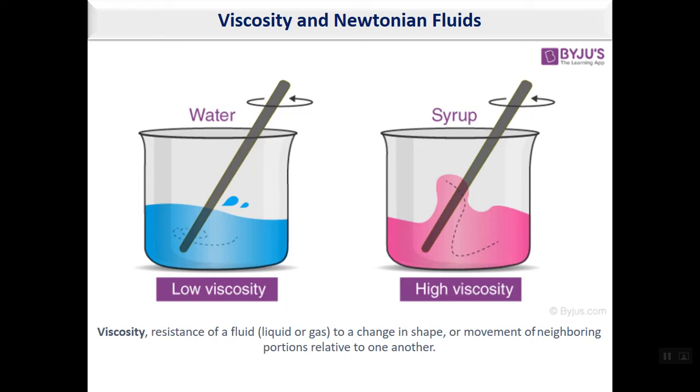If you remember, viscosity is the resistance of a fluid, either liquid or gas, to a change in shape or movement of neighboring portions relative to one another. And this makes what you see as the difference between, for example, water and syrup, as shown in the figure.